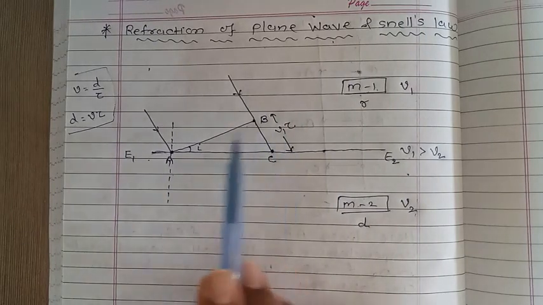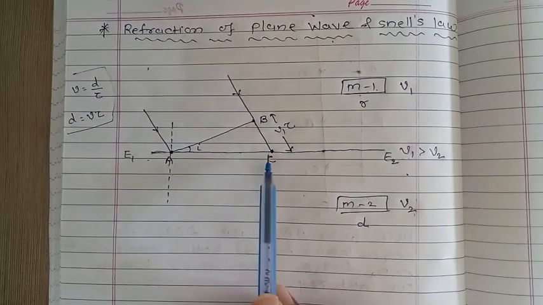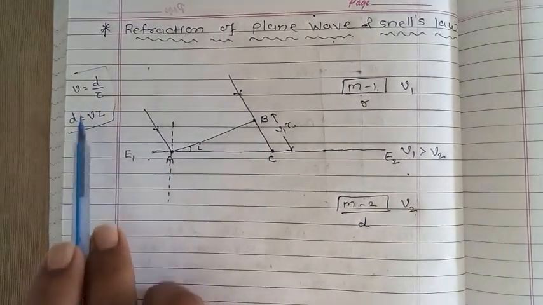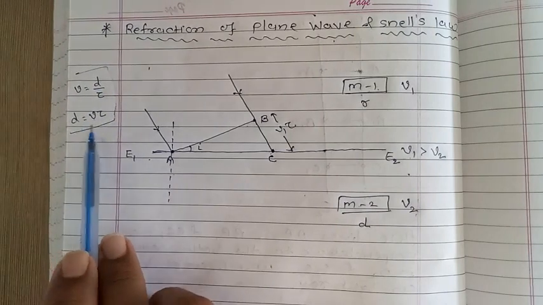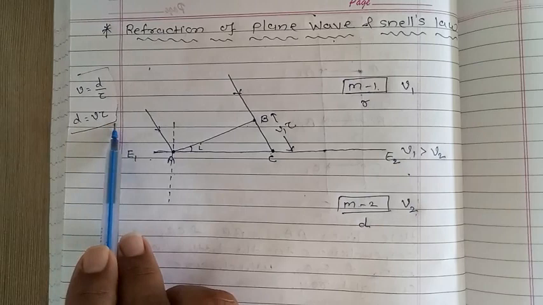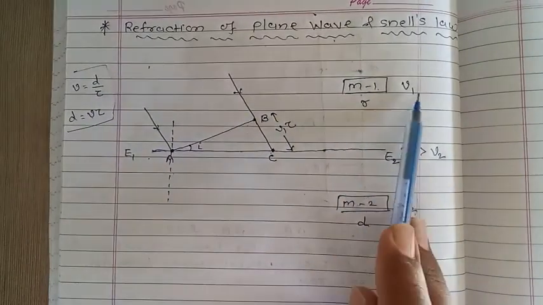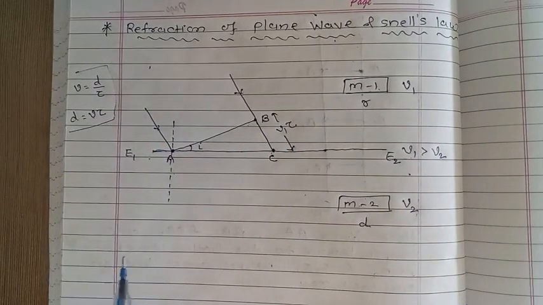Now let the time tau be the time taken by the wavefront to travel from B to C. Velocity equals distance by time tau, so the distance is velocity into time tau. For medium 1 the velocity is v1, so the distance is v1 into tau, right?